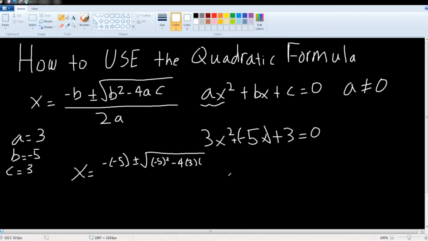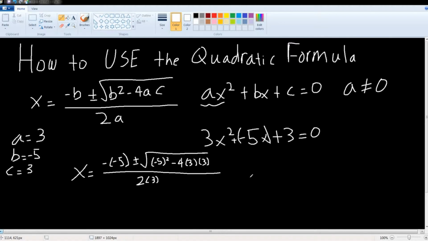What is c? C is also 3. All over 2a, which is also 3, once again. So one thing you should take into consideration is when you're using the quadratic formula, you should always put everything in parentheses, right? Because it'll make things a lot more organized, and it'll definitely save you in the long run when you go back and check.